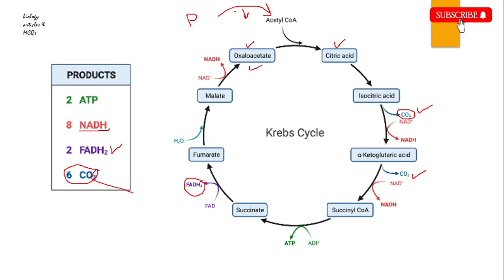Next is the turn of NADH. You have seen that when acetyl-CoA was formed from the pyruvate, there was the formation of NADH also. So first NADH here, second NADH when isocitrate is converted into alpha-ketoglutarate, third when alpha-ketoglutarate is converted into succinyl-CoA, and the fourth one is here when in the last malate is converted into oxaloacetate.